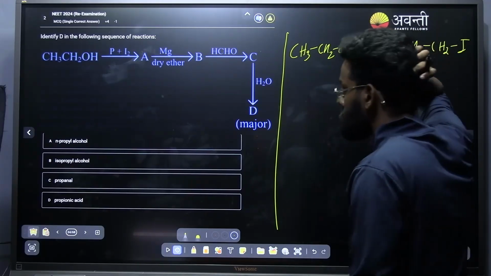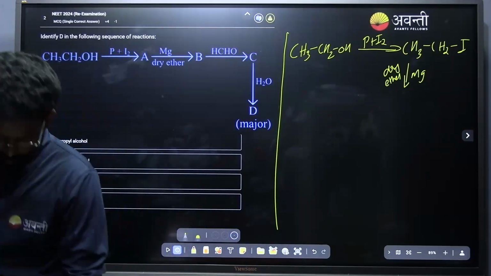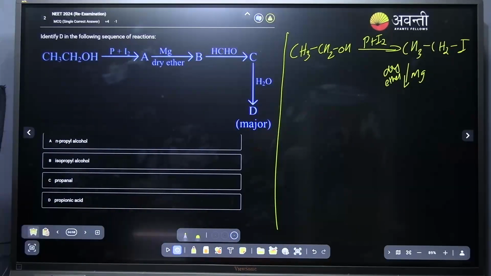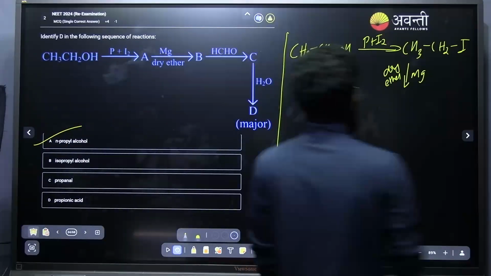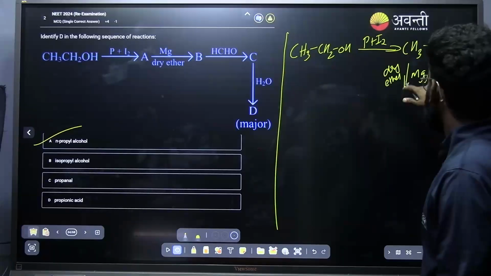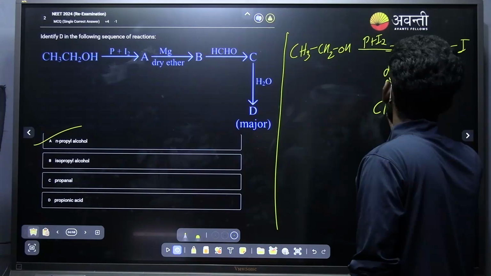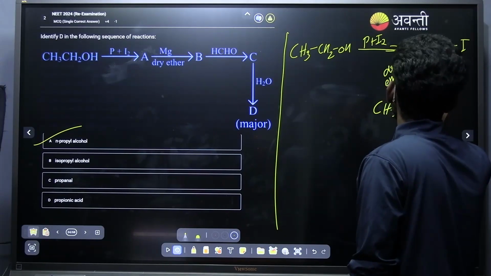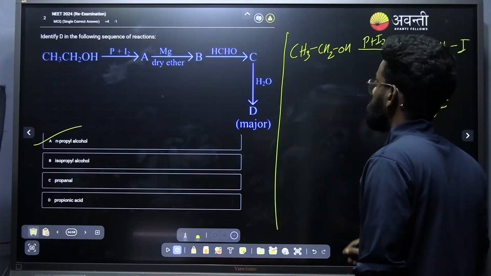Option A, very good. Now dry ether and magnesium, what will we be getting? This is a Grignard reagent, right? We will be getting a Grignard reagent when magnesium is treated with the alkyl iodide. So CH3CH2MgI.